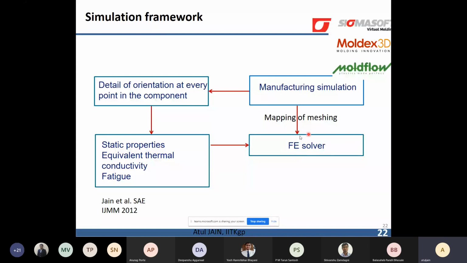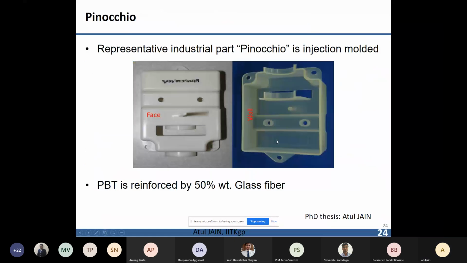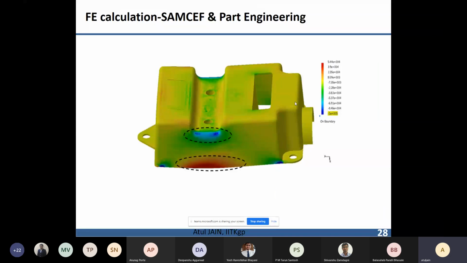In my FE solver, every element has been assigned its own property and has a local stiffness. Based on the local stiffness, which is a function of the fiber orientation tensor, and on the boundary condition and the load applied, the stresses have been calculated.